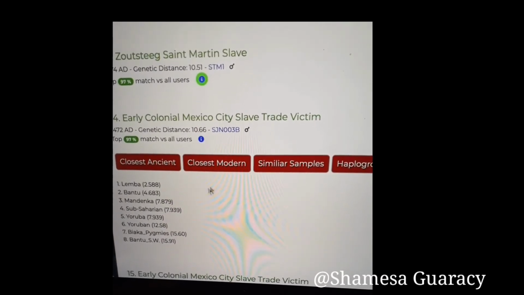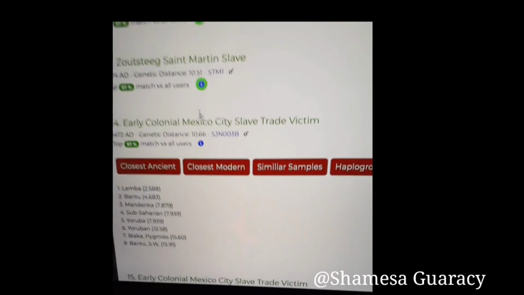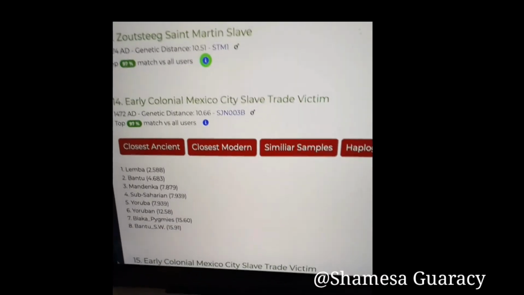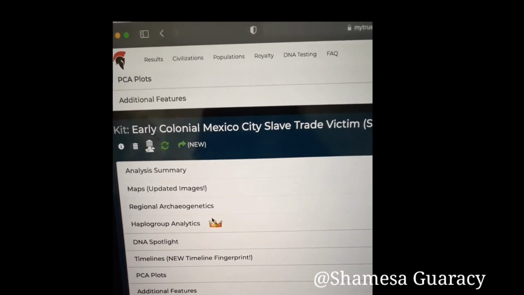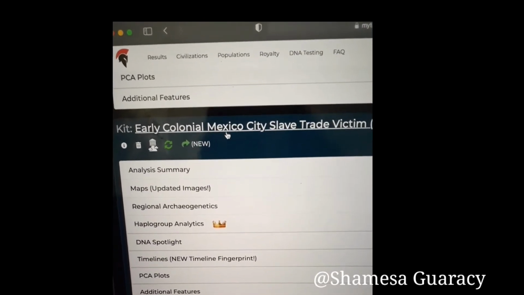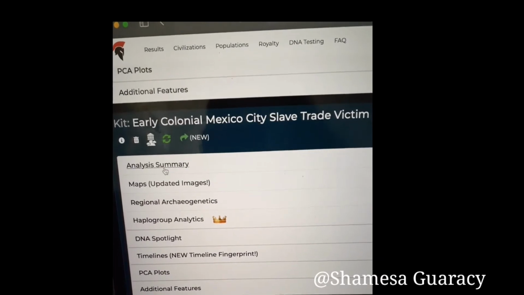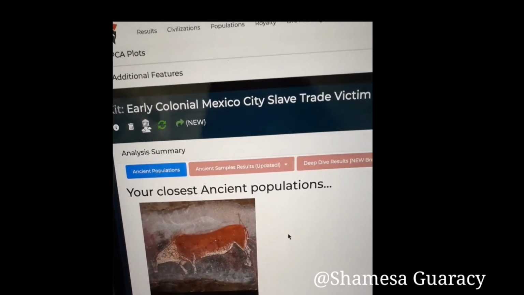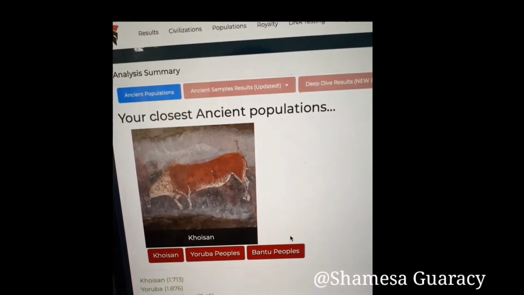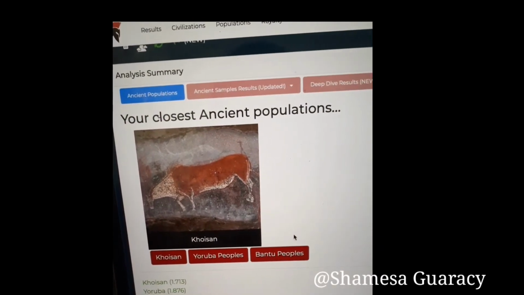They're closer than Yoruba. But anyway, when I click on this person's kit and I go to analysis summary, it says the closest ancient populations are the Khoisan, Yoruba, Bantu.